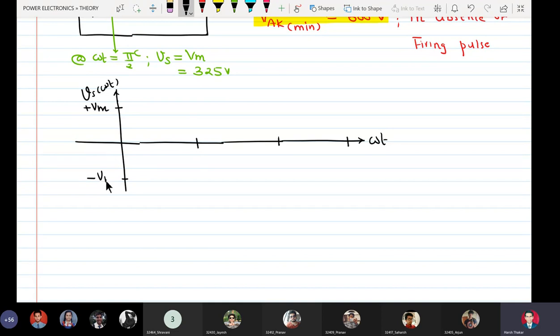So at pi by 2, it attains a positive peak.